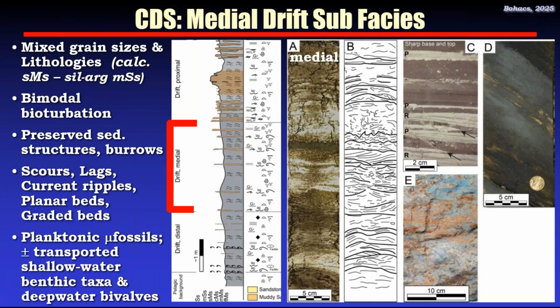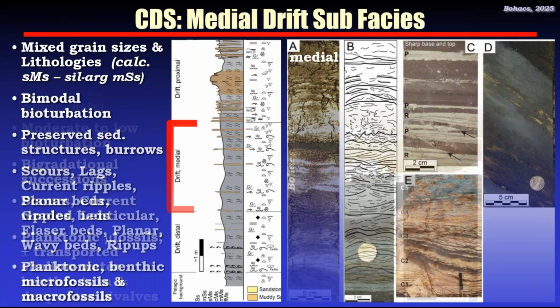Primary sedimentary structures and discrete trace fossils are more commonly preserved than in the distal drift. Traces are mostly deposit feeding and dwelling, with some locomotion traces. Sedimentary structures include scours, lags of coarser grains and fossil fragments, current ripples, starved current ripples, and millimeter scale planar and graded beds. Fossil assemblages are similar to those in the distal drift deposits.